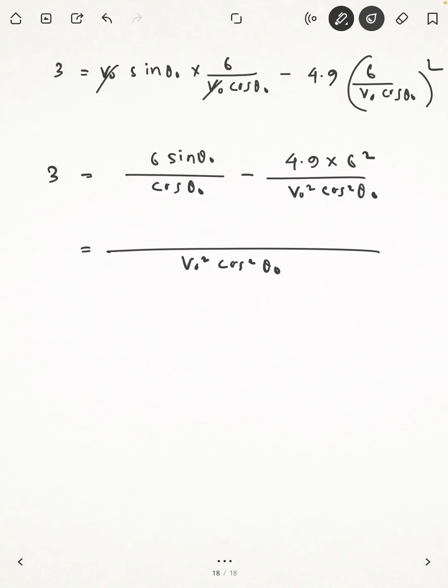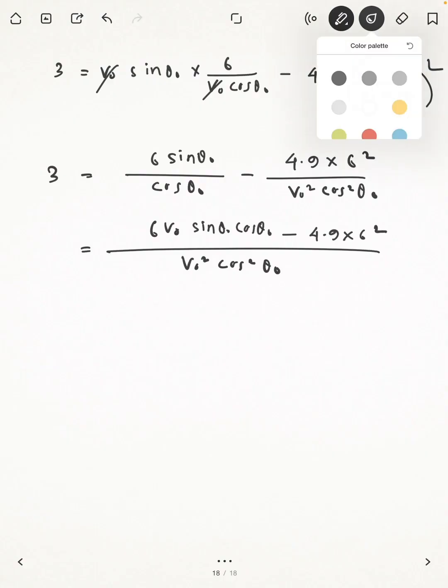So cos theta naught should be 6 v naught sine theta naught cos theta naught minus 4.9 times 6 square.